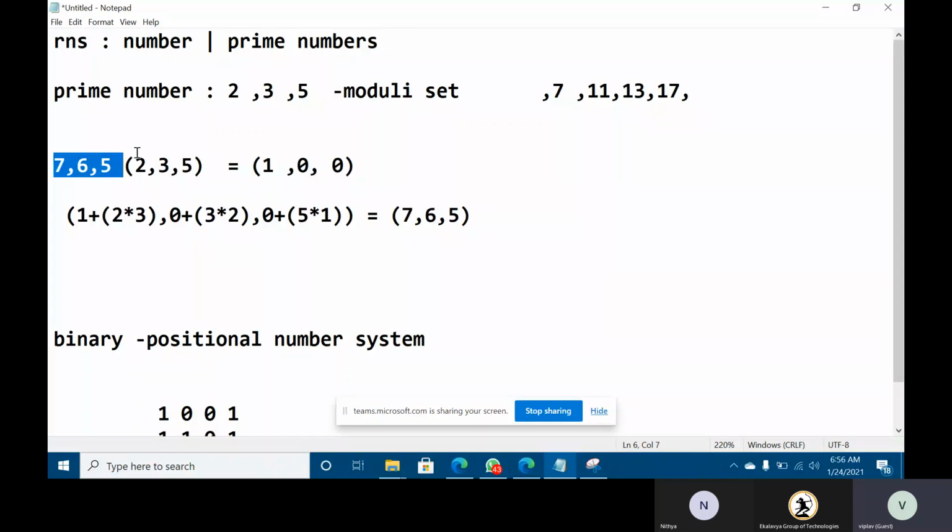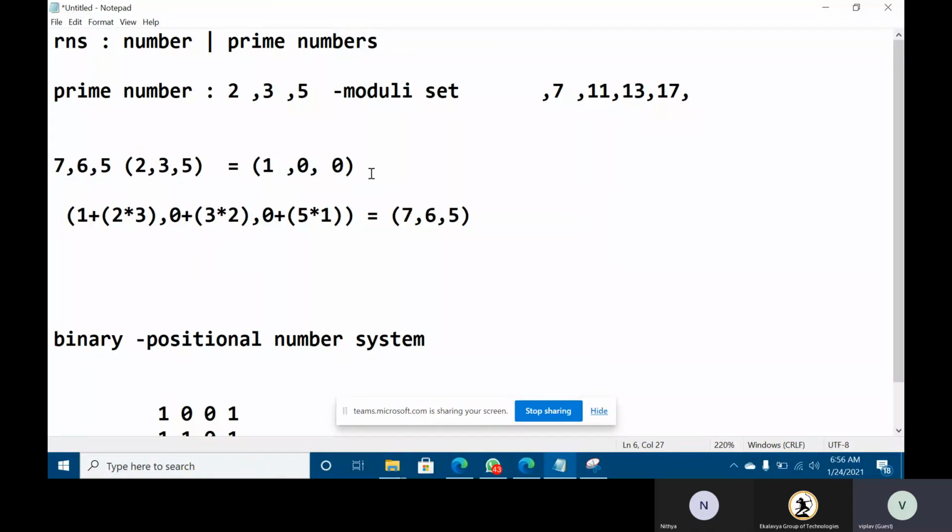Whenever I am giving some moduli set, that is prime numbers 2, 3, 5, I got a number like 100. See, input is 765, output is 100 in this format. So it is purely changing.